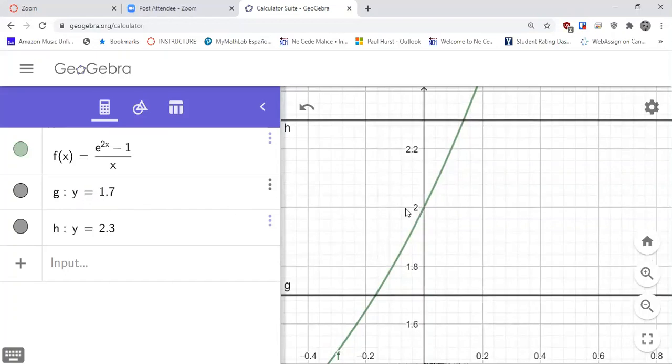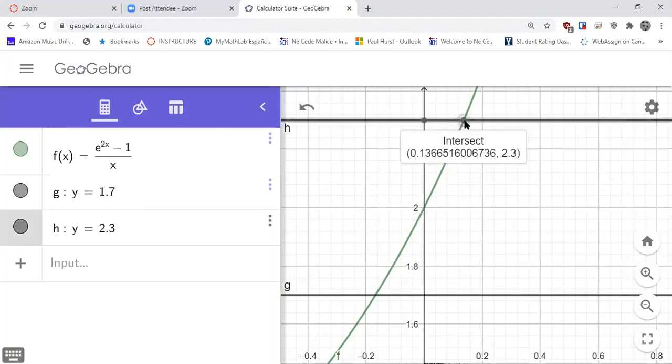Here we have 2. Now epsilon, remember, is 0.3. If you add 0.3 to 2, you get 2.3. If you subtract 0.3 from 2, you get 1.7. So it comes back to adding and subtracting epsilon from your limiting value, which is 2.